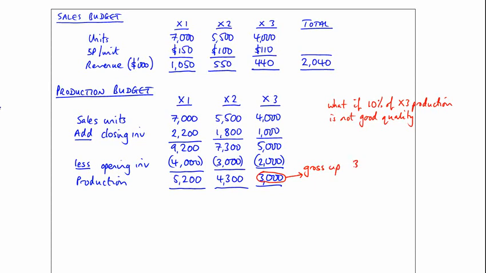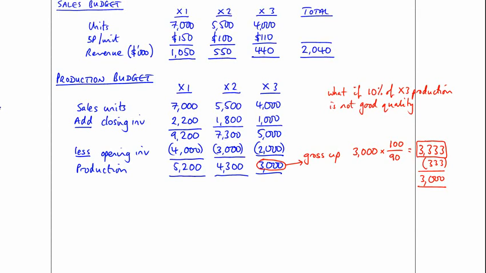And the way we do that is we take the 3,000 units and we times it by 100 over 90, which would give us 3,333 units, give or take a bit of rounding. If you lost 10% of that, 10% of 3,333 is 333, and you'd be left with 3,000 good units. Okay, so just watch out for that. That's not an uncommon little exam twist to play around with.